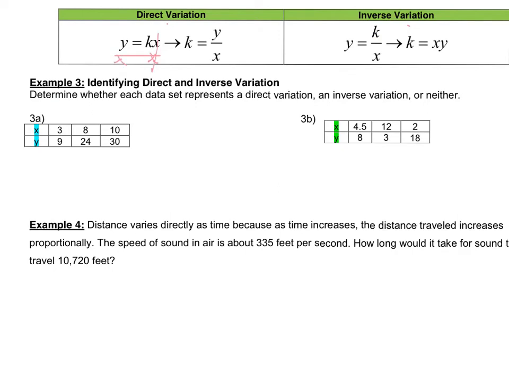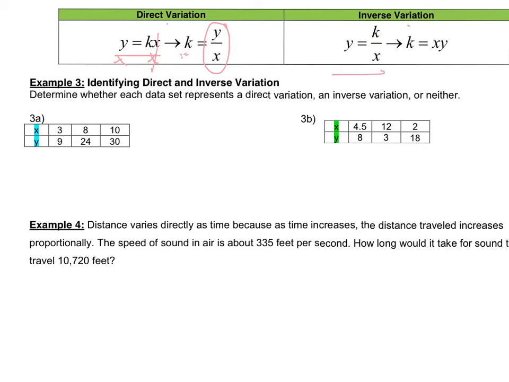So the constant is the number you get when you do y divided by x. If you take all the numbers in the table and do y divided by x, and you get the same number every single time, your function will be direct variation. If you don't get the same number every time, then try the inverse variation equation.